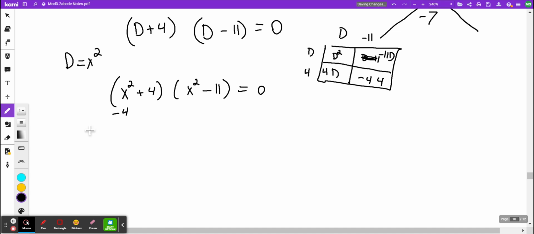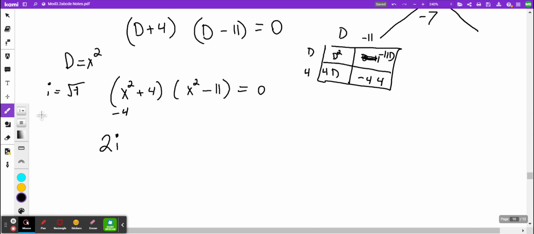Well, I'm going to have to find the square root, because it's going to be what squared equals negative 4. Can't happen. So I'd probably have 2i right here. Remember, i is the square root of negative 1, because it's going to be an imaginary number.